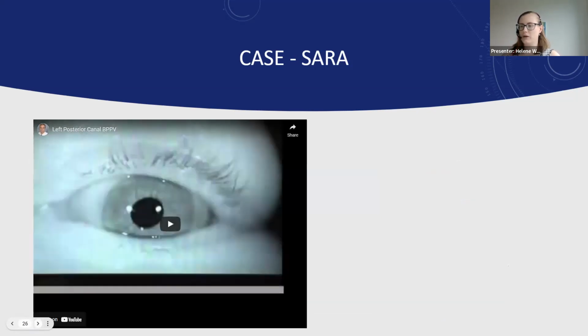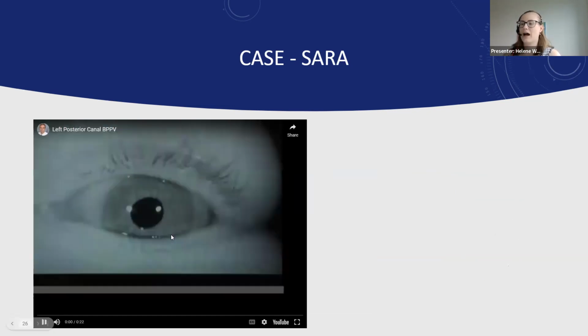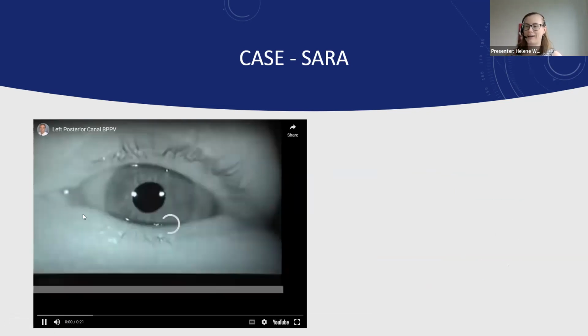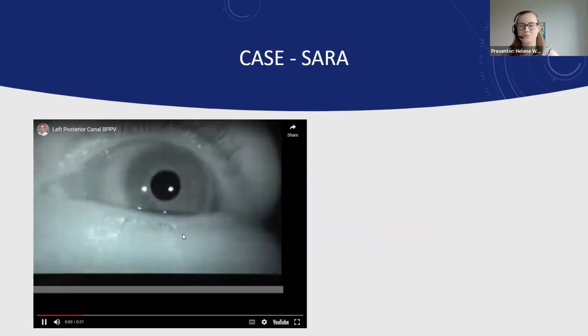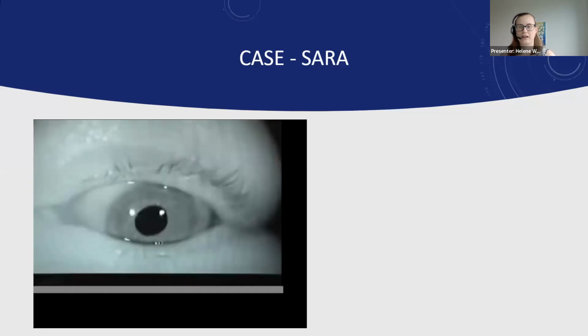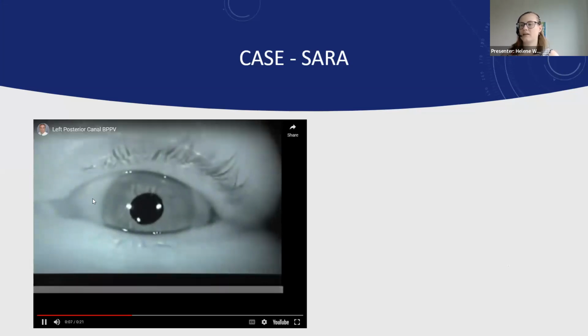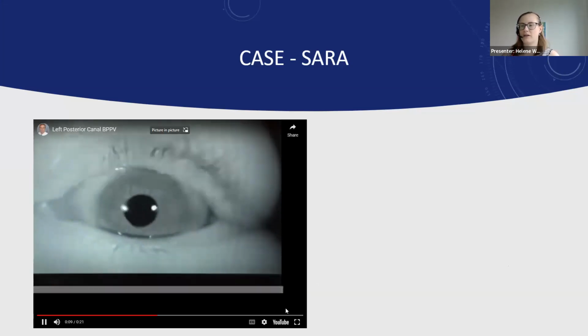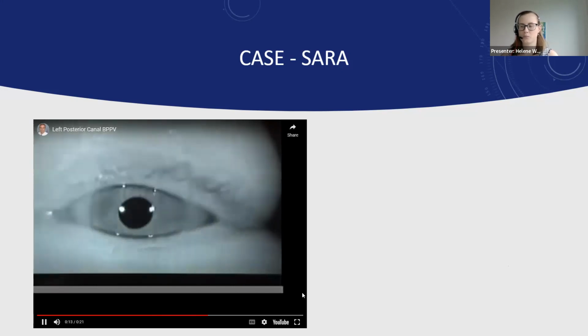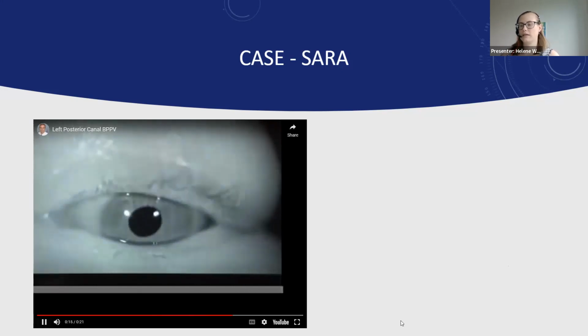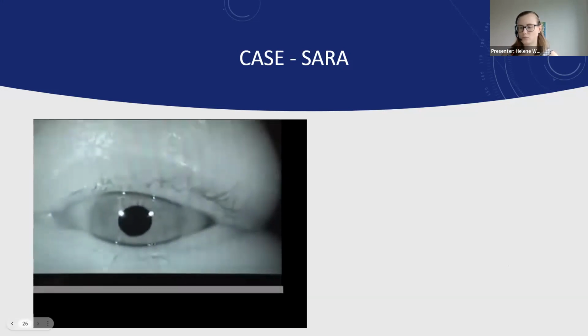So we go and do a left Hallpike. I was going to ask you what you thought it was, but my video tells you. Anyway, we do the Dix-Hallpike, and this is what we see when we turn it to the left. So that's giving us an indication that there is left posterior BPPV occurring because of the nystagmus that we are seeing.